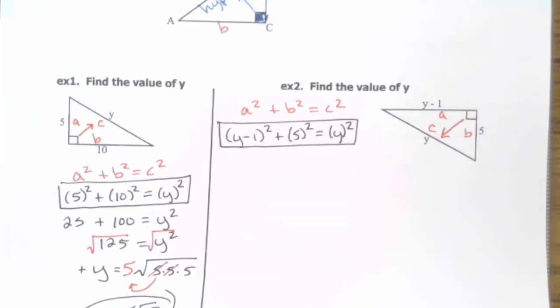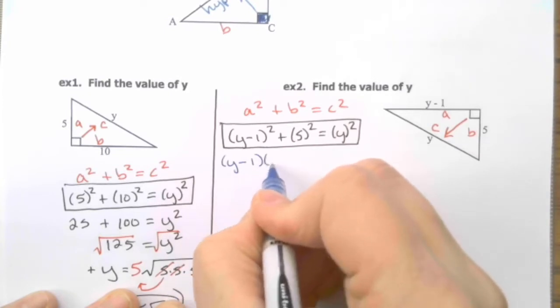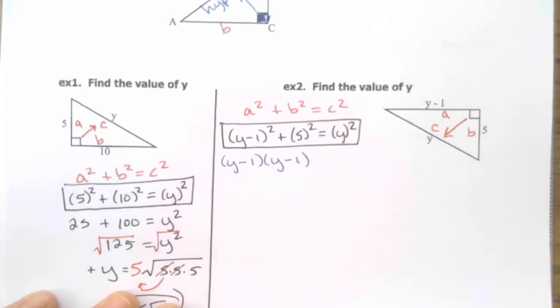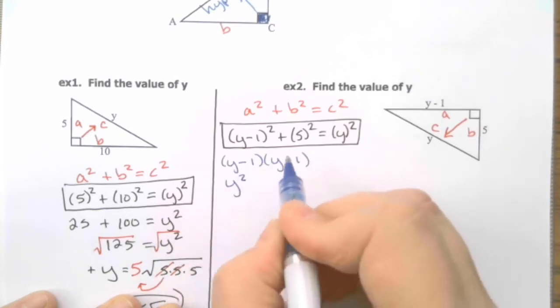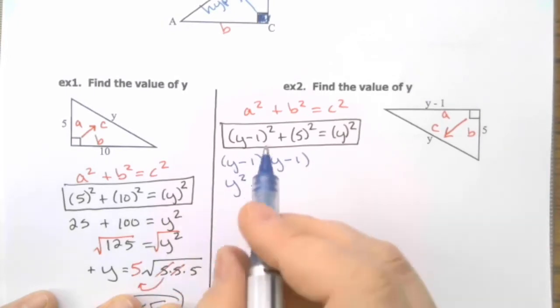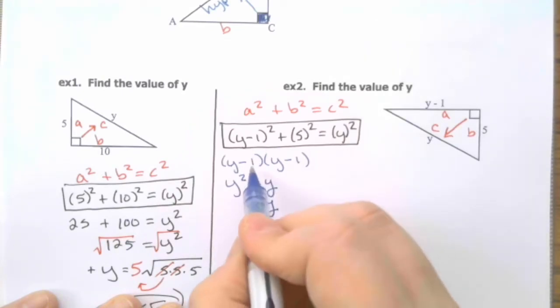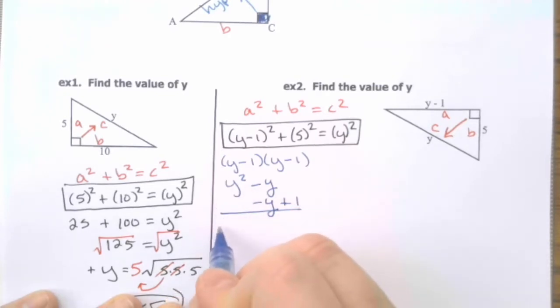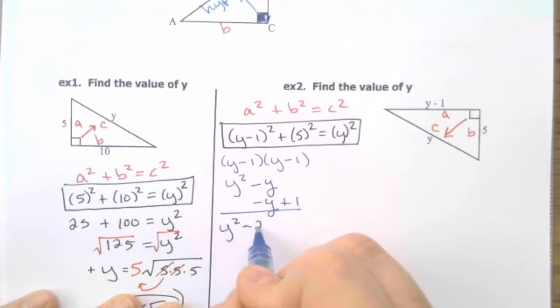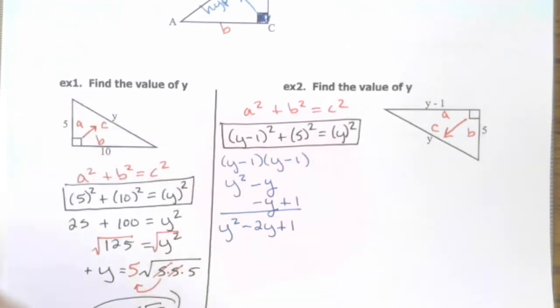So to find y minus 1 squared, you need to actually multiply it out. So you need to multiply y minus 1 times y minus 1. y times y is y squared. y times negative 1 is negative y. Now distribute the negative 1. Negative 1 times y is negative y. Negative 1 times negative 1 is positive 1. So adding like terms, we get y squared minus 2y plus 1. That is our perfect square.